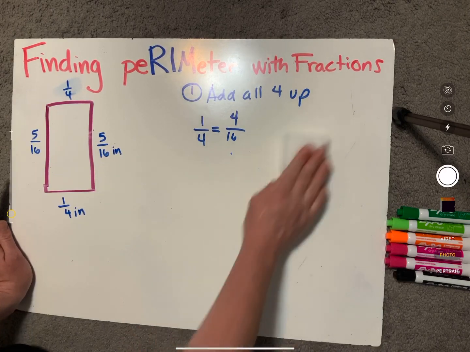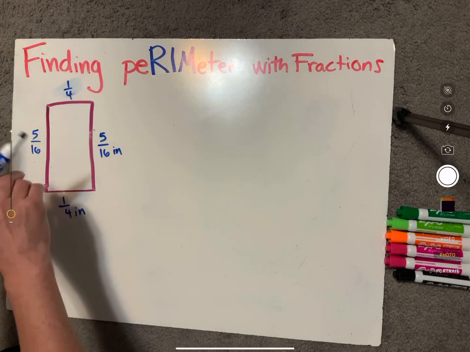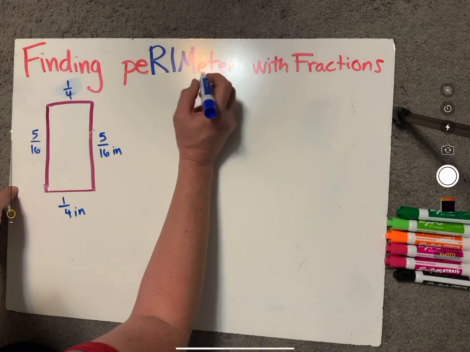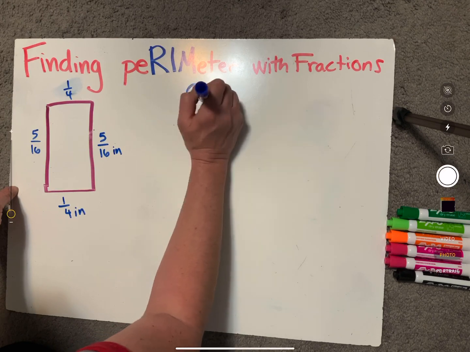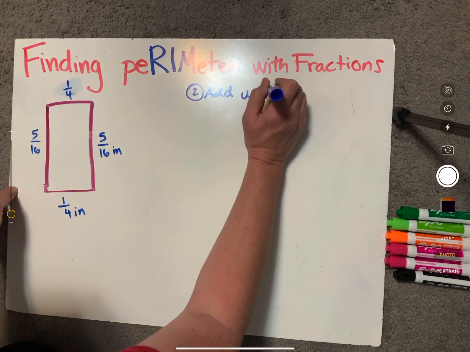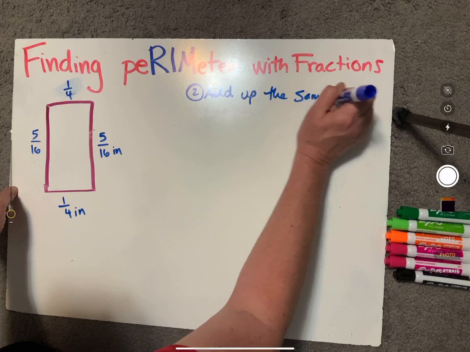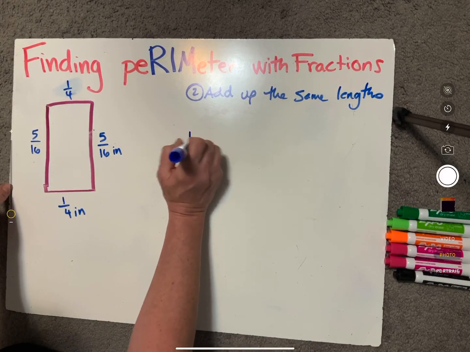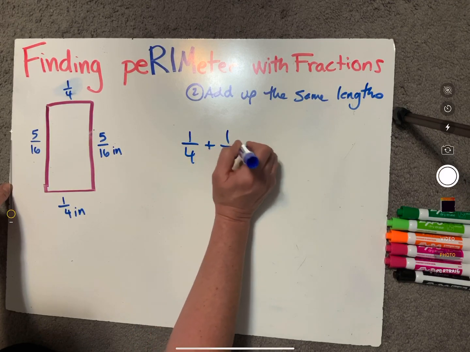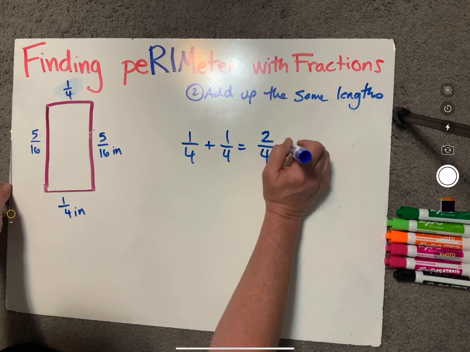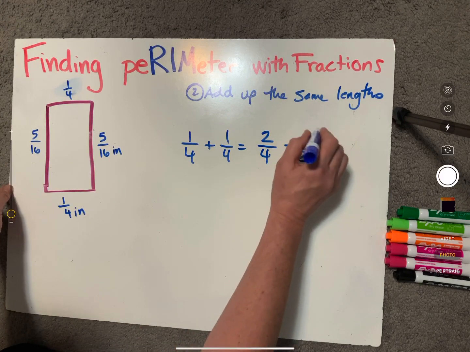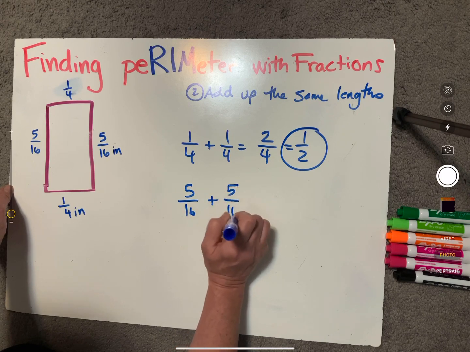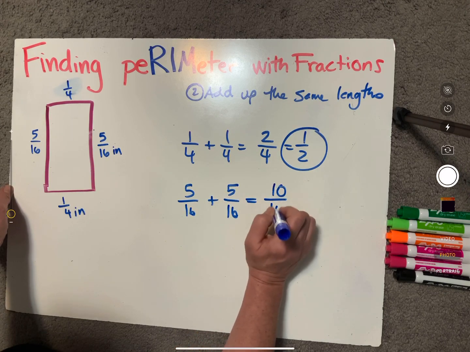So that's one strategy. Another strategy would be to add the 2 sides that are the same up. So add up the same length would be one other strategy. So we could have 1/4 plus 1/4, which would be 2/4, or 1/2. And then I could have 5/16 plus 5/16, which would be 10/16.